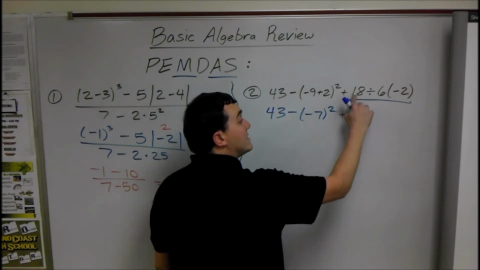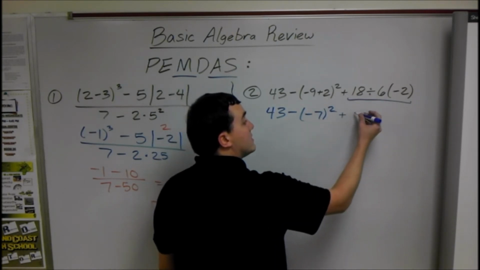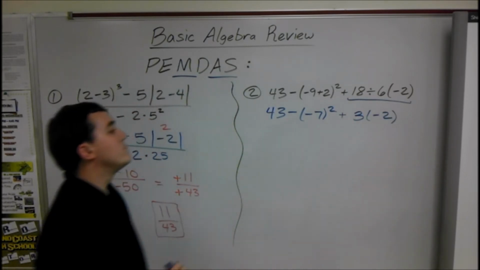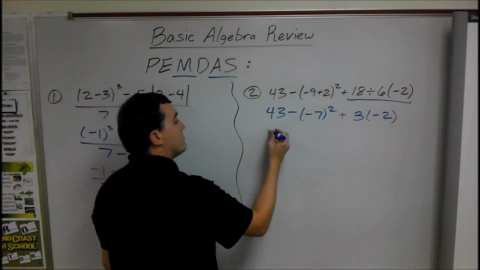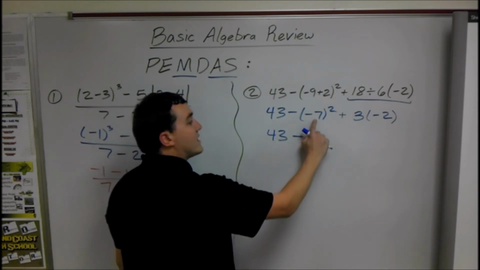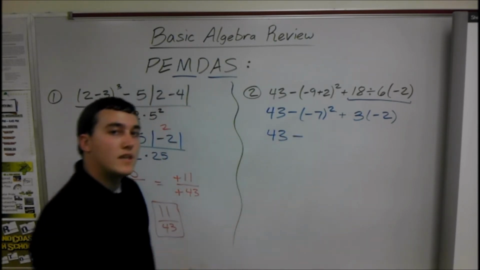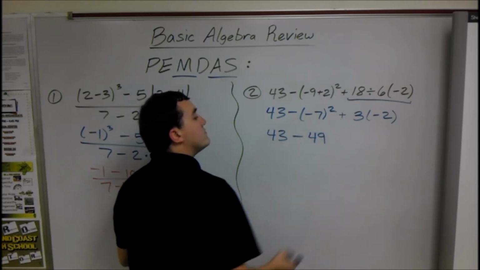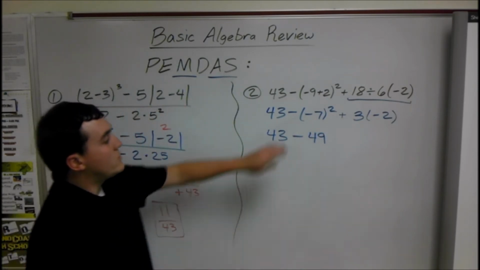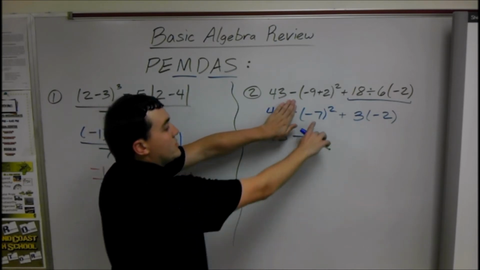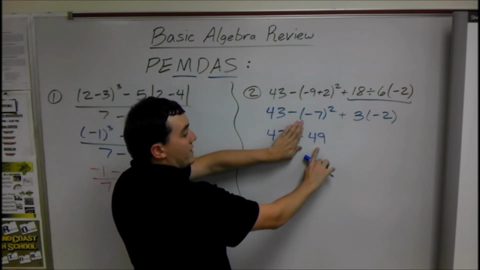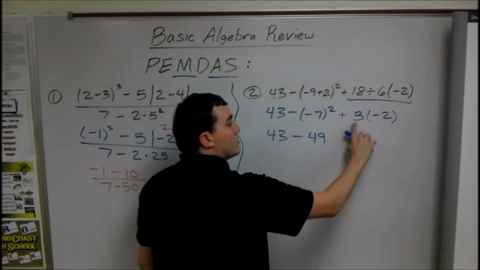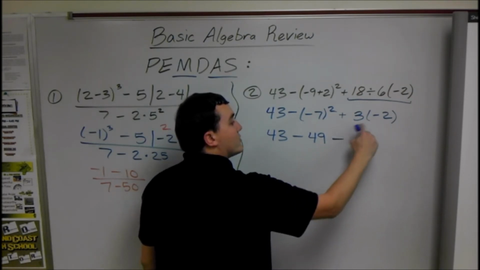So here we have 18 divided by 6 is 3 times -2. So we have 43 minus -7 squared, -7 times -7. 2 negatives make a positive, 49. So you kind of ignore that negative. You square the -7, you get 49, then you keep it up front. Plus 3 times -2, positive times a negative is a negative, 3 times 2 is 6.